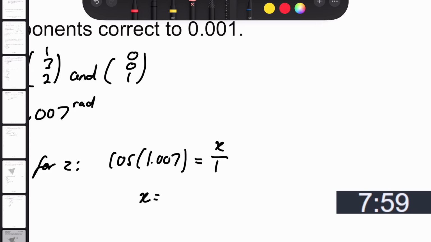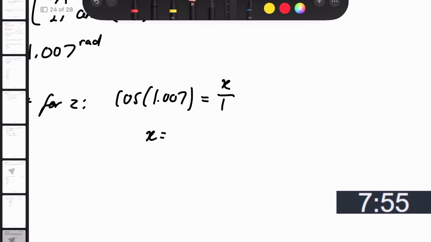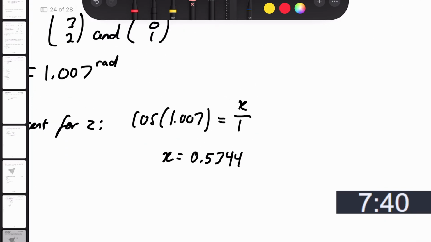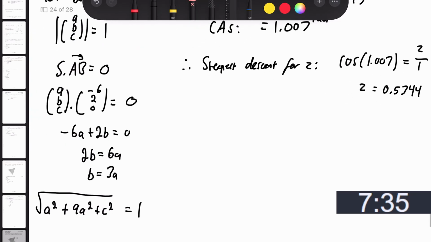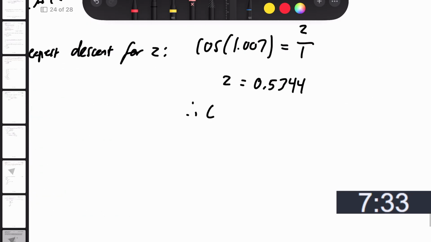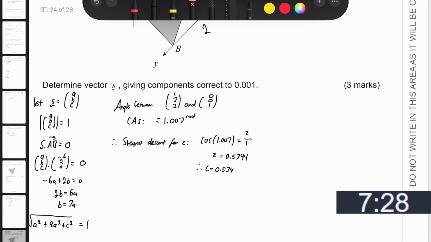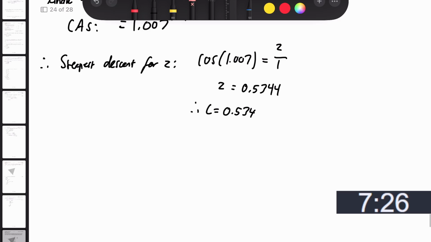So then x is going to be equal to cosine 1.007... wait, no, hold on, that's degrees, radians. 0.5344. Z. Therefore, C is equal to 0.534. Okay, so it's 3 decimal places.